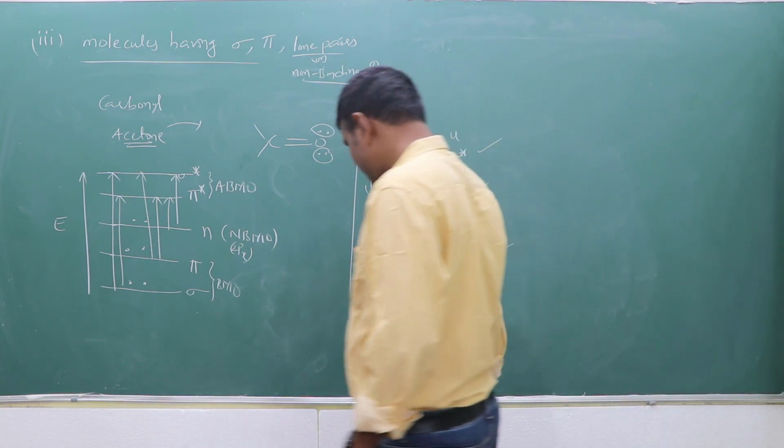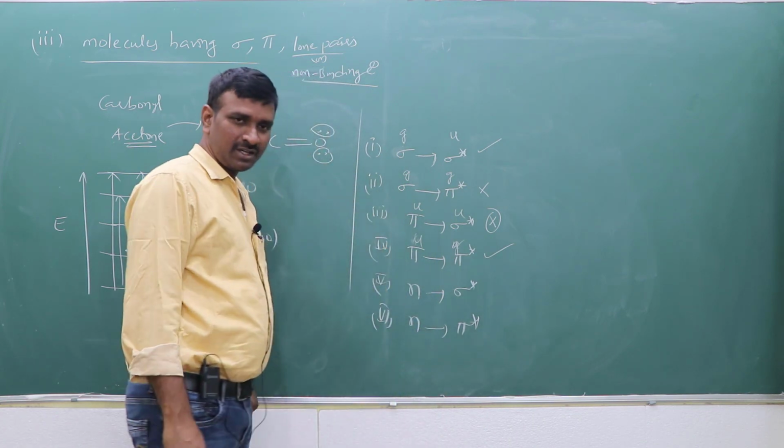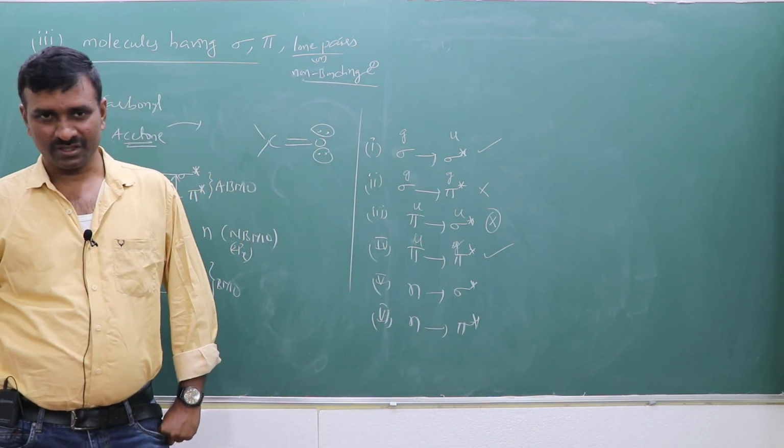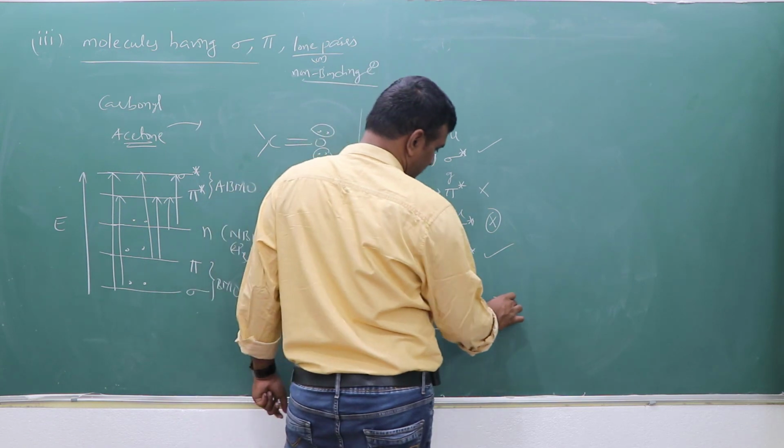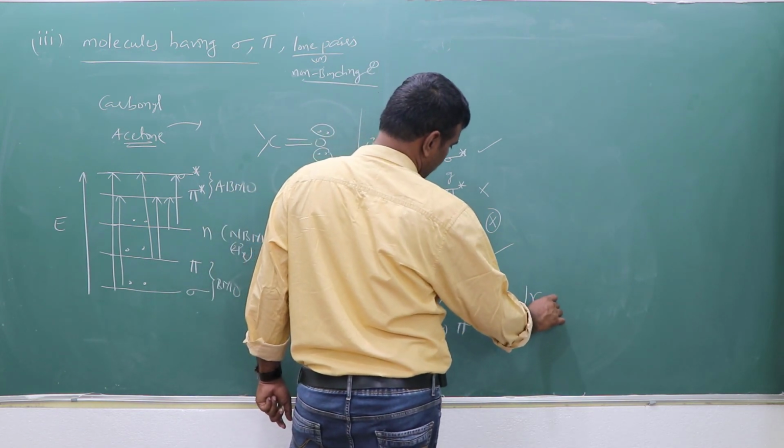Now in the case of n to sigma star and n to pi star, what will happen? The n and sigma star orbitals have a perpendicular arrangement.